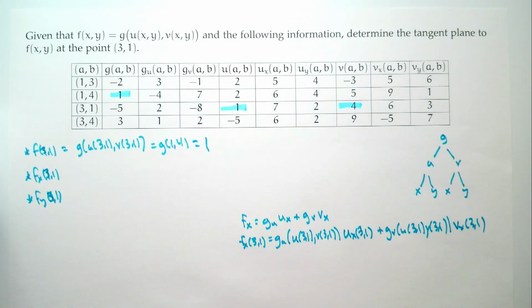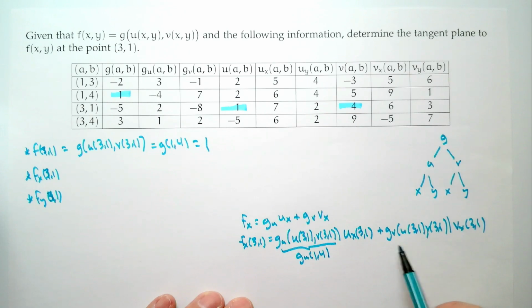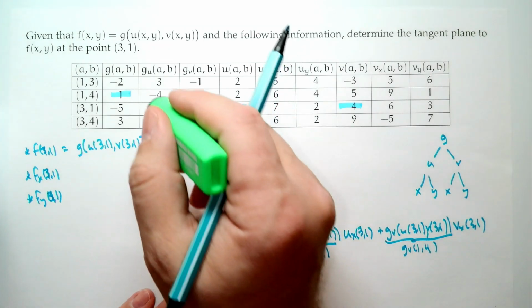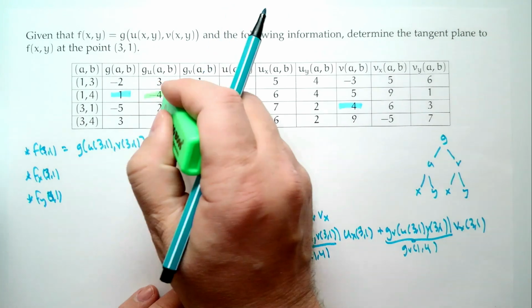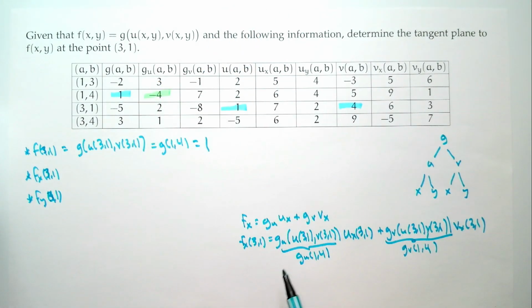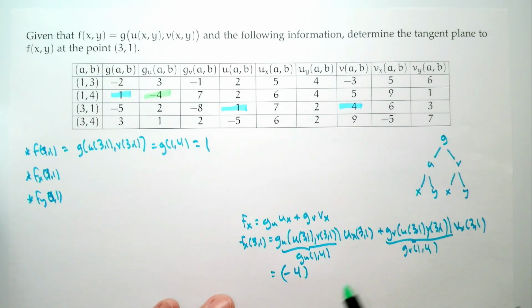Now the good news is we actually know some of these values already. We found u of 3, 1 and v of 3, 1. That's 1, 4. So this would be g sub u at 1, 4, and this would be g sub v at 1, 4. So now we scan. G sub u at 1, 4 is negative 4. How about u sub x at 3, 1?